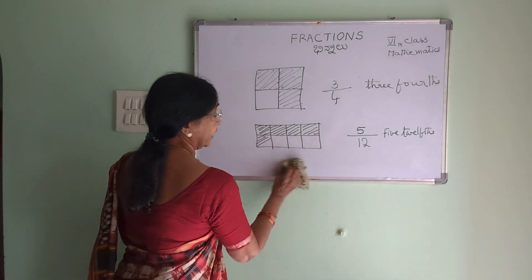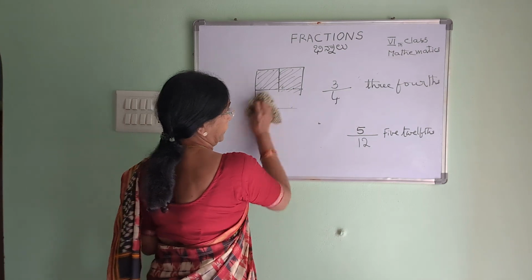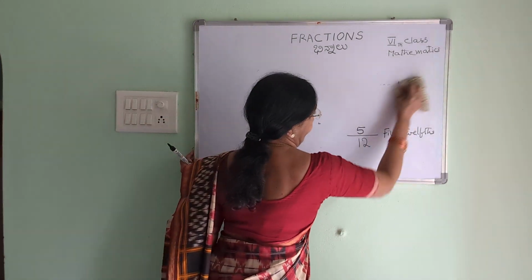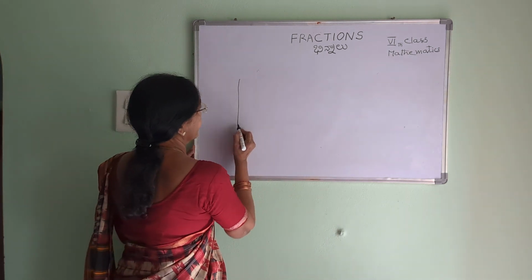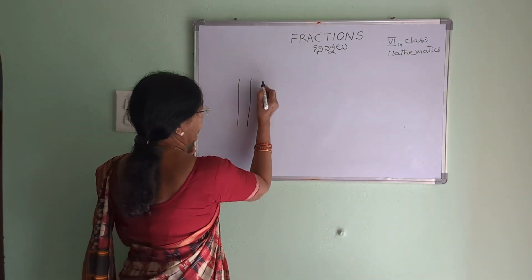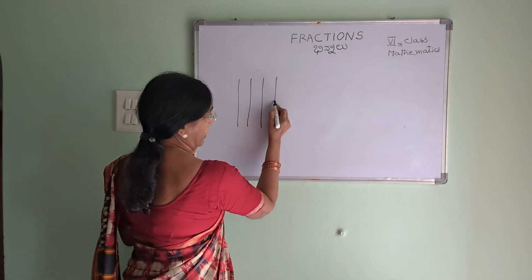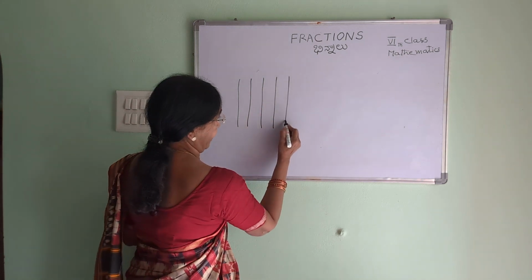Like that, take a grid having 16 equal portions.